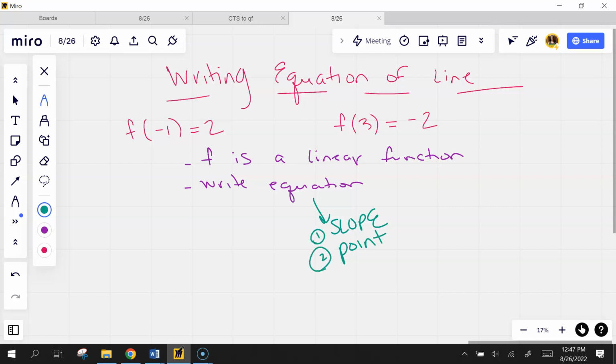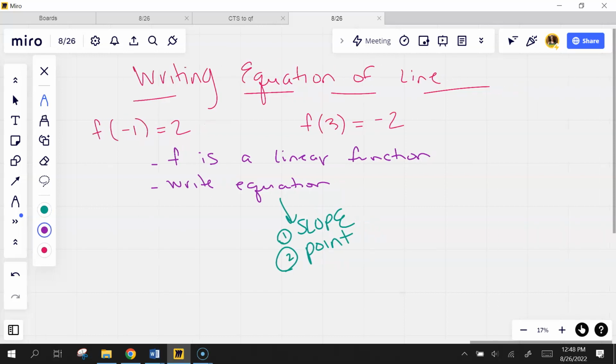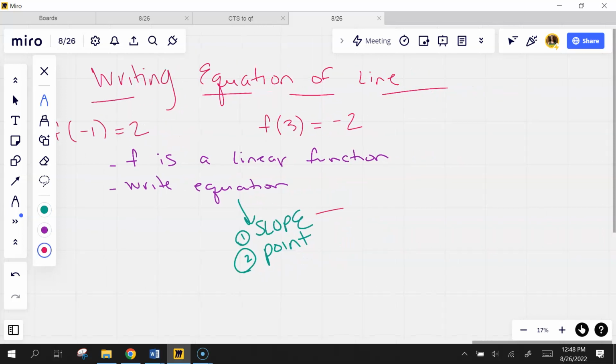To write the equation of a line, I need the slope and a point. Only instead of calling it a slope now, I'm going to call it the average rate of change. So we'll call it AROC. In calculus, we do AROC and IROC, and here we'll just stick with AROC.